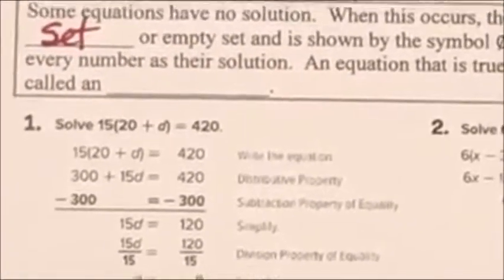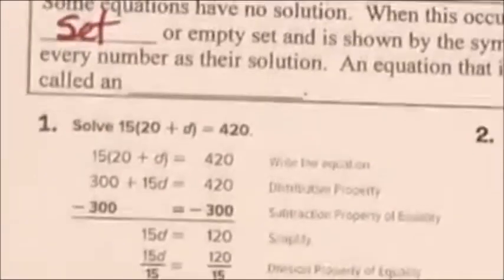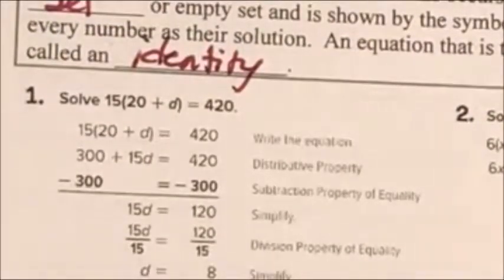Other equations may have every number as their solution. An equation that is true for every value of the variable is called an blank. In that blank, you're going to write identity. So identity.